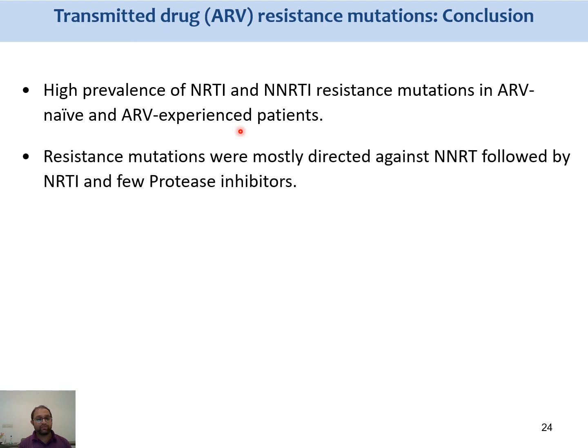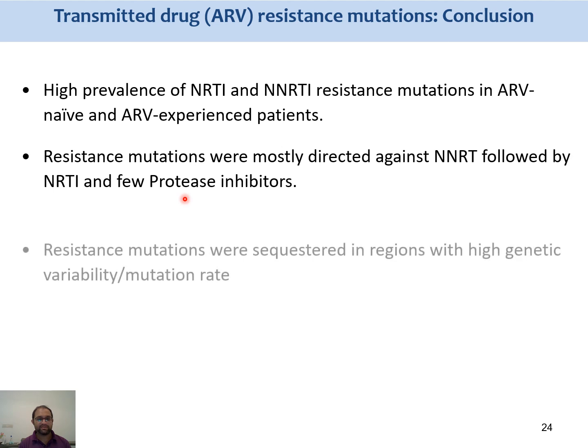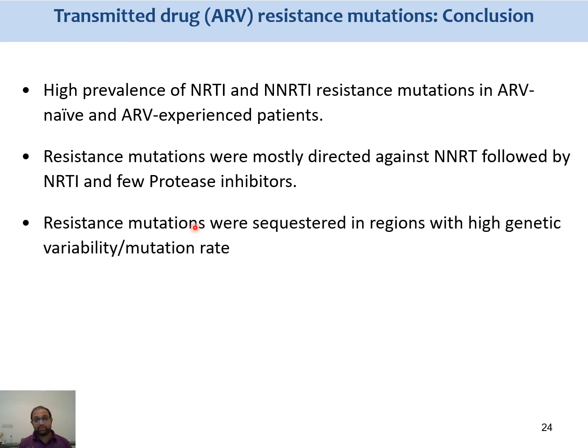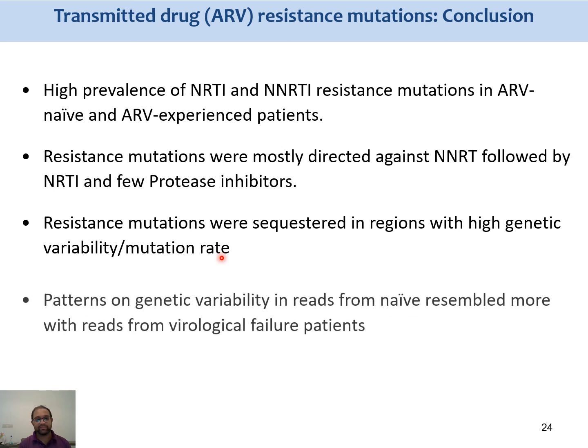In order of prevalence, the most resistance was directed against NNRTIs and NRTIs, and a few against protease inhibitors. From the genomic signatures, we know that the resistance mutations were sequestered in regions with high genetic variability or mutation rate, suggesting these are unstable areas that might change further in future and give rise to newer mutations.